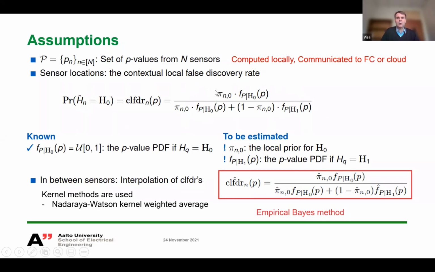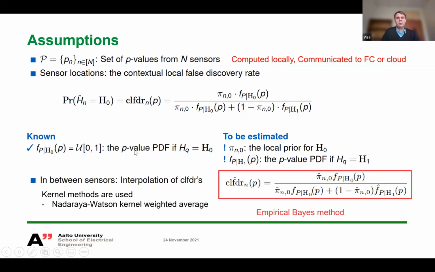It is contextual because you need to estimate the local priors here as well as the distribution of p-values under the alternative hypothesis. You already know that the p-values under the null hypothesis obey the uniform distribution, but you want to accurately estimate the distribution of p-values under the alternative hypothesis. For that purpose, this empirical Bayesian approach is used.